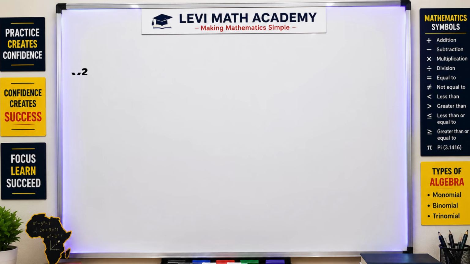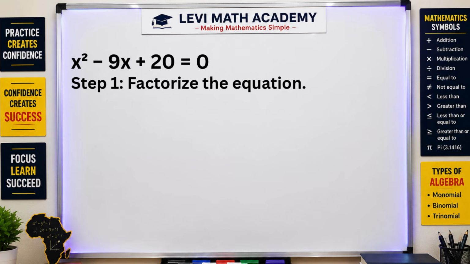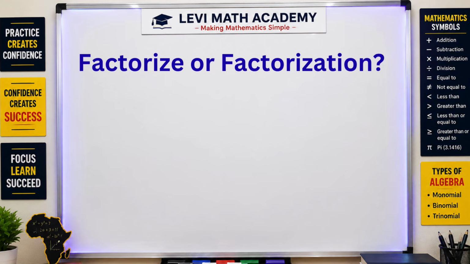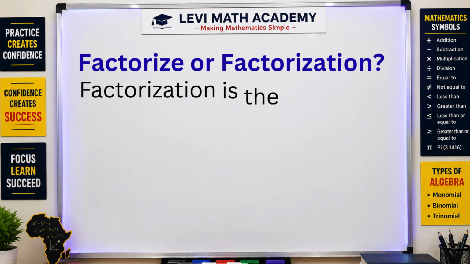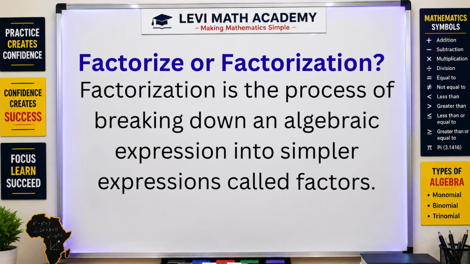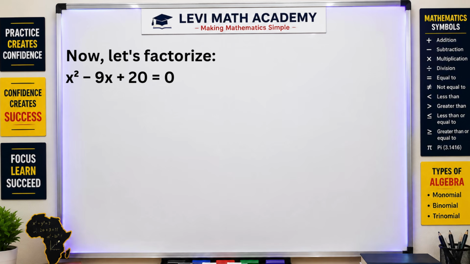A question is given. x² - 9x + 20 = 0. Solution. Step 1. Factorize the equation. But before we solve the question, what do you understand by the word factorize or factorization? Factorization is the process of breaking down an algebraic expression into simpler expressions called factors. Now let's factorize x² - 9x + 20 = 0.